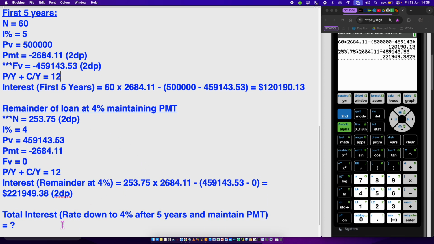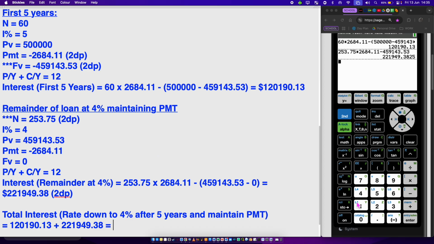What would I do to work out the total interest I paid on this loan that's been broken up into two pieces? Yep. Add them together. So in the first 5 years, I paid $120,190.13. And in the remaining time, after the rate went down, I paid $221,949.38.